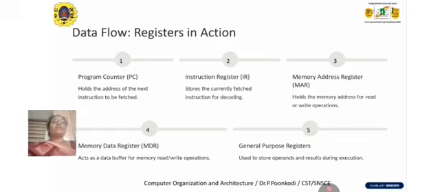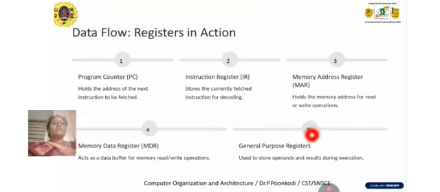Then after fetching the instruction, it will perform the decoding. Then it will be sent to the memory address register. The memory address register will hold the memory address for read and write operations. After the memory address register, it will be sent to the memory data register. This will act as a data buffer for memory read and write operations.